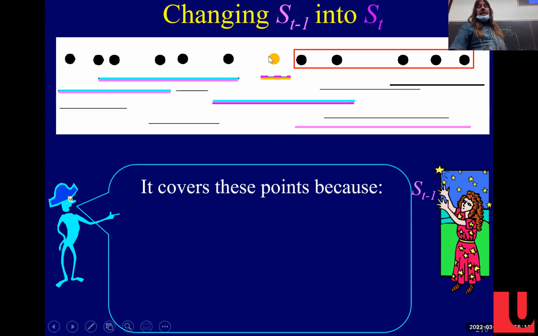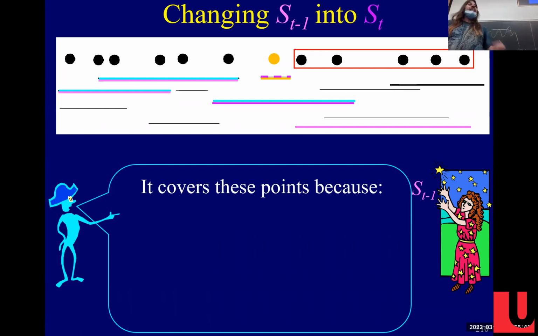And of the intervals that the algorithm considered, it took the one that went furthest to the right. So we're not worrying about these points anymore. We're worrying about these points. And we put in an interval, we took out a bunch of intervals, right? But the interval we put in went further to the right than anybody that we took out, right?